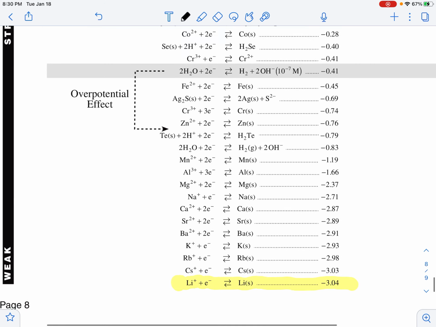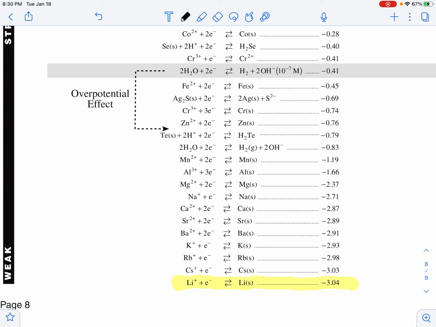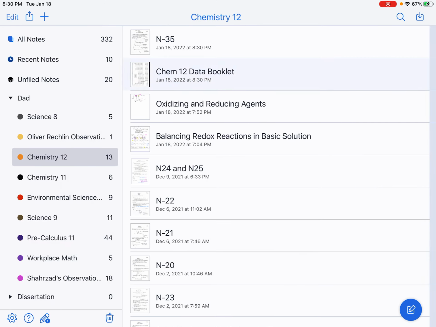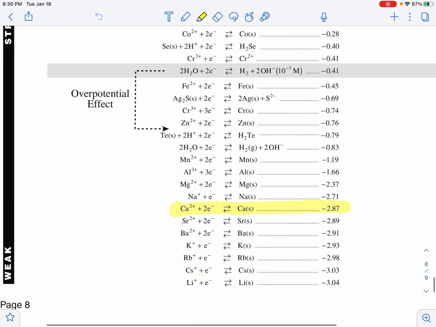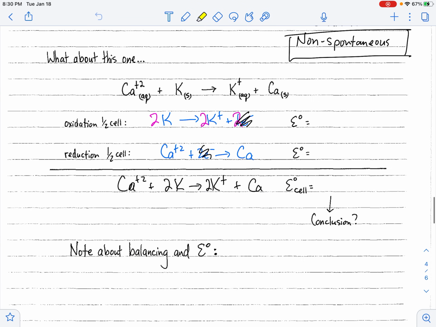So I look and I look and I look, and it's really low on the table. Let me erase this one because I don't want to confuse people. So calcium line is right there. So calcium plus 2 reducing is as it's written, which would be negative 2.87.